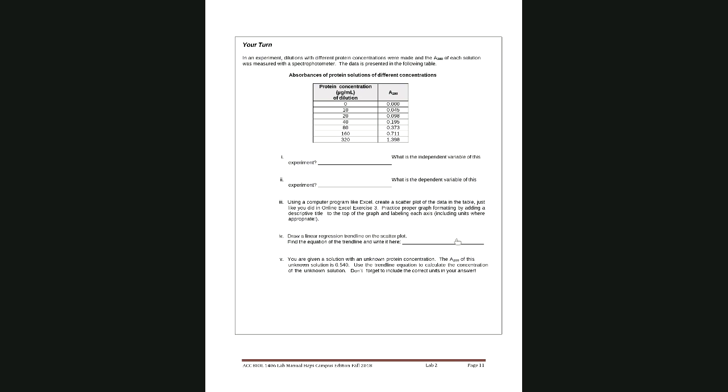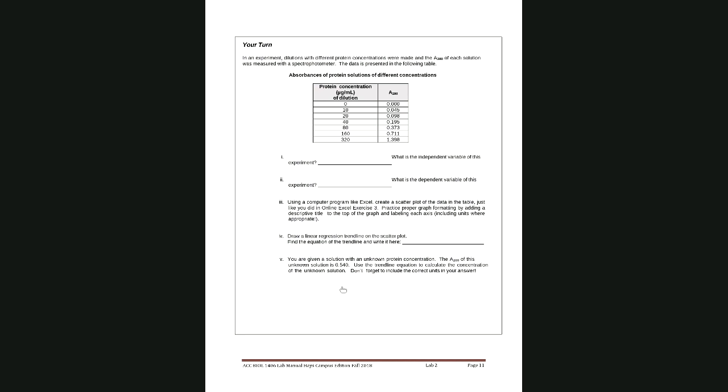Then you're going to take that equation and you're going to apply it here to solve for the concentration of the unknown, because they're going to give you the absorbance. Okay? And remember, when you use that regression equation, or trend line equation, y equals mx plus b, y represents the y-axis, which is the absorbance readings. Okay? In that y equals mx plus b, x represents the concentration, the independent variable.